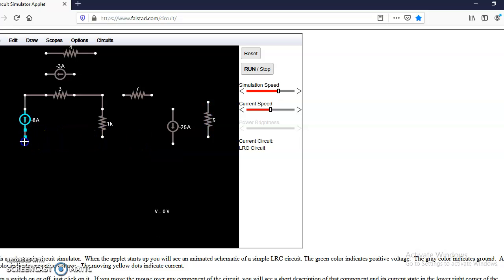Now we have to complete this circuit so that we can find the voltages across V1, V2 and V3 potentials. When your circuit connections are correct, the color of the circuit goes on changing. So complete the implementation of the circuit in a proper way.